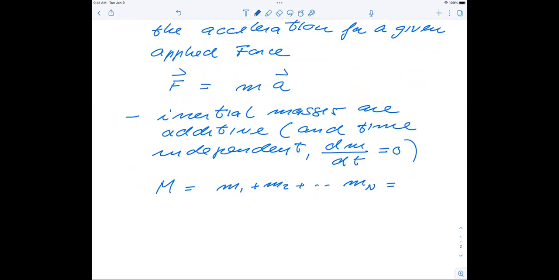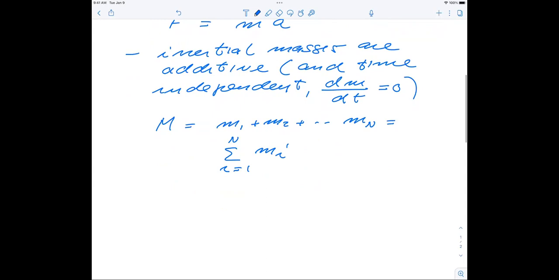And this is then given by a sum from i equal 1 up to n of m_i. And that means that the final force which acts on the system is going to be given by m times the acceleration. So when we are setting up a system.